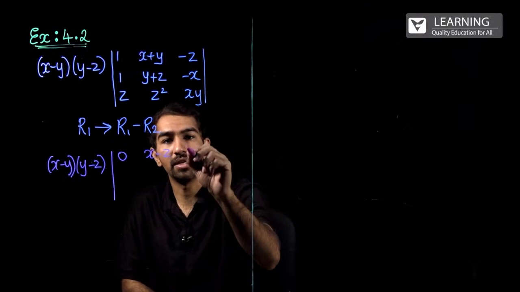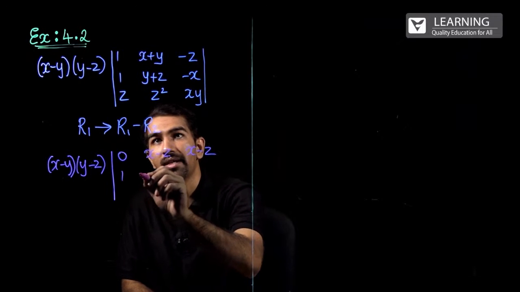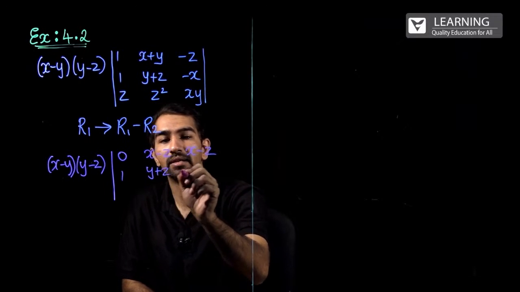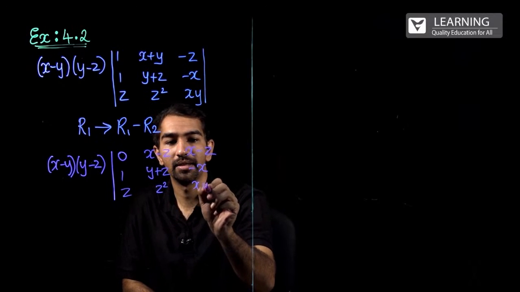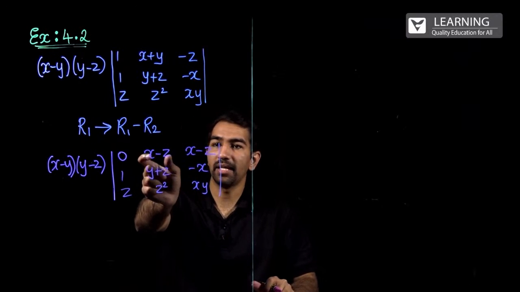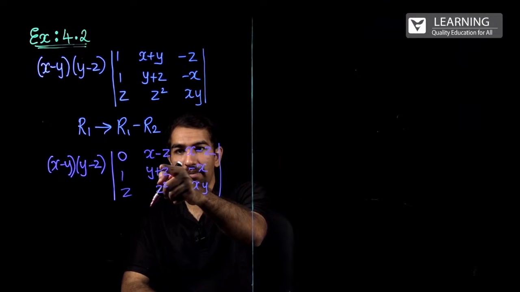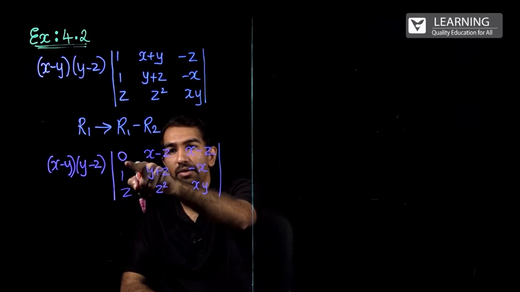So again what is happening here? x minus z is remaining. These other two rows are as it is. So we'll write 1, y plus z, minus x, z square and xy. We want z minus x outside, right? But we are getting x minus z. Take out minus sign common. So here also we have x minus z because anything multiplied by 0 is 0 only.